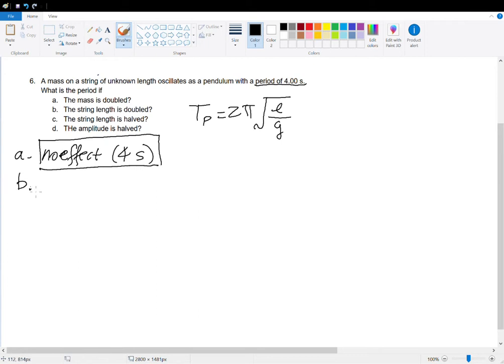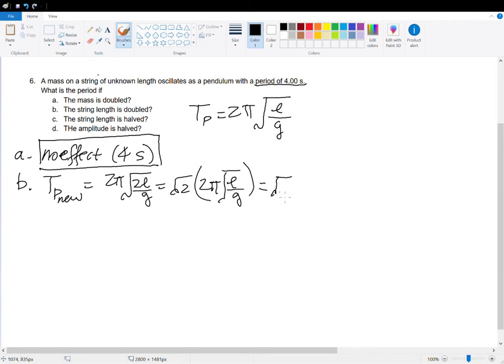There we go. For part B, what happens if the string length is doubled? Well, we know that if we plug this in, this new thing over here is equal to 2 pi times square root of 2L over g, and that's equal to square root of 2 times 2 pi square root of L over g.